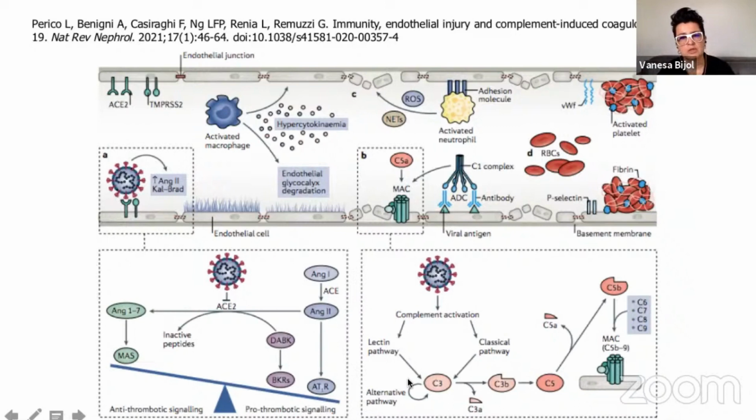And also, alternative pathway dysregulation in COVID-19 has been studied, and we at least had one patient in which we think that this was a major event and cause of her severe thrombotic microangiopathy with cortical necrosis in the kidney that led to her death within few weeks of initial infection.